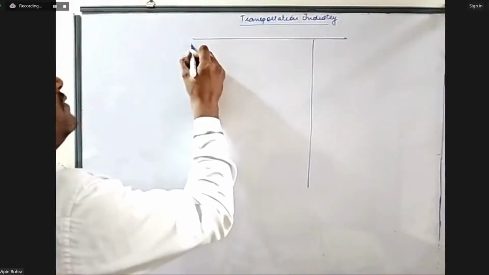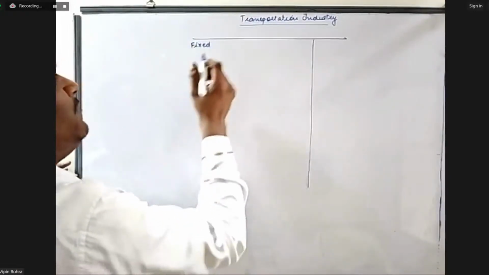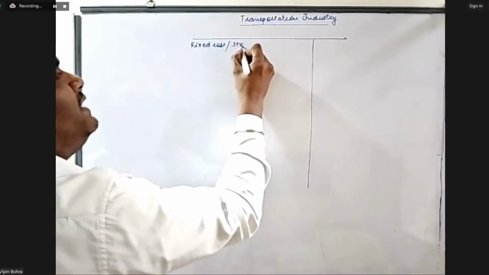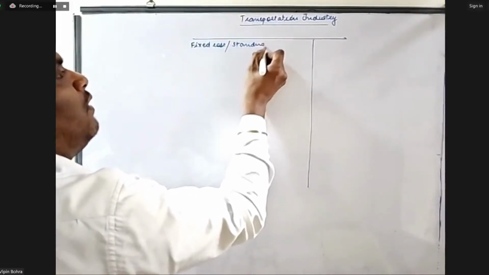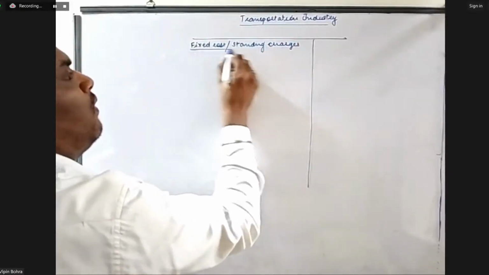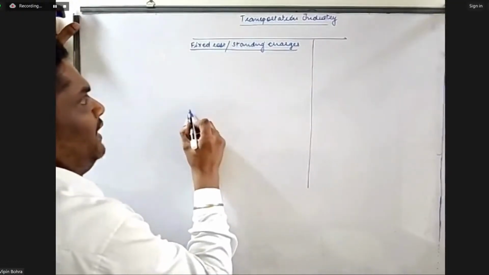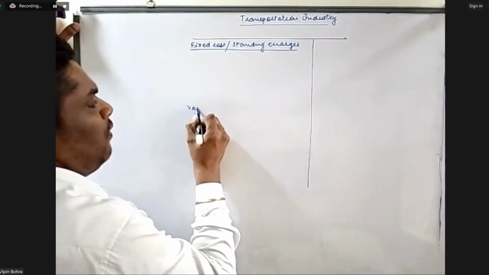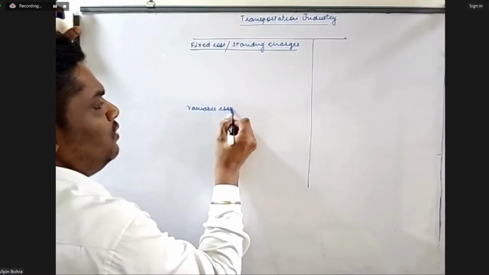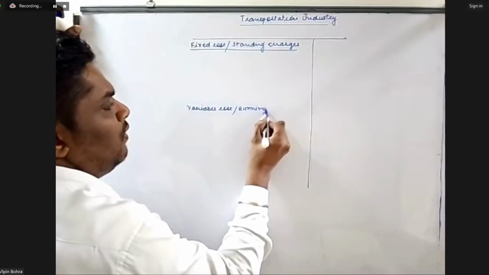That is, you have to bifurcate the cost in three parts: fixed cost, or we can say standing charges. Next is variable cost, or we can say running charges.